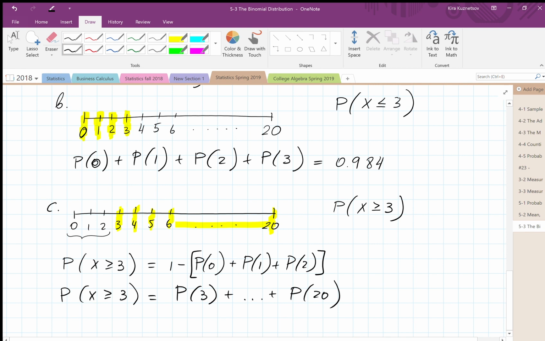This time you need to use the formula 18 times. Not fun. So both of these you will be able to do in a calculator, but the answer for this one is 0.076 according to the book, and we will look at those as a calculator problem on the next video.